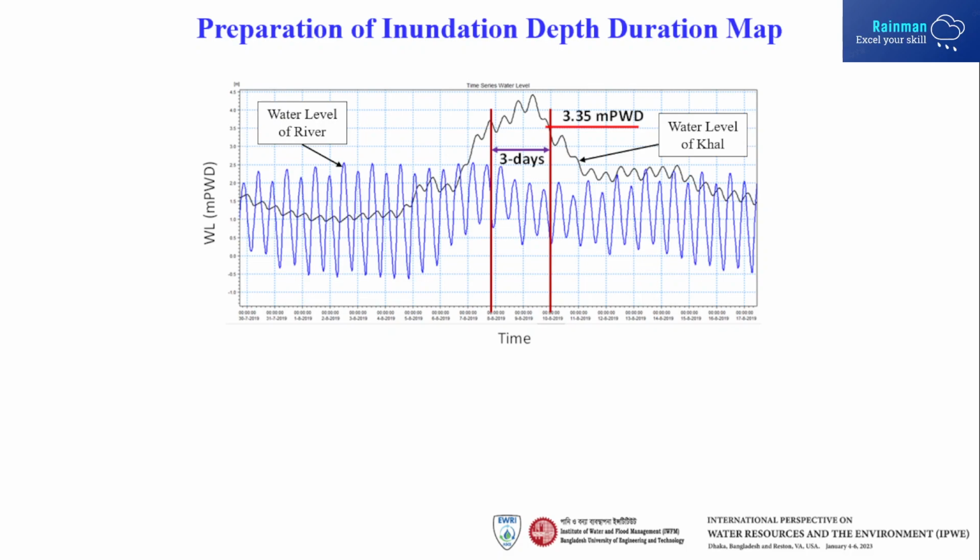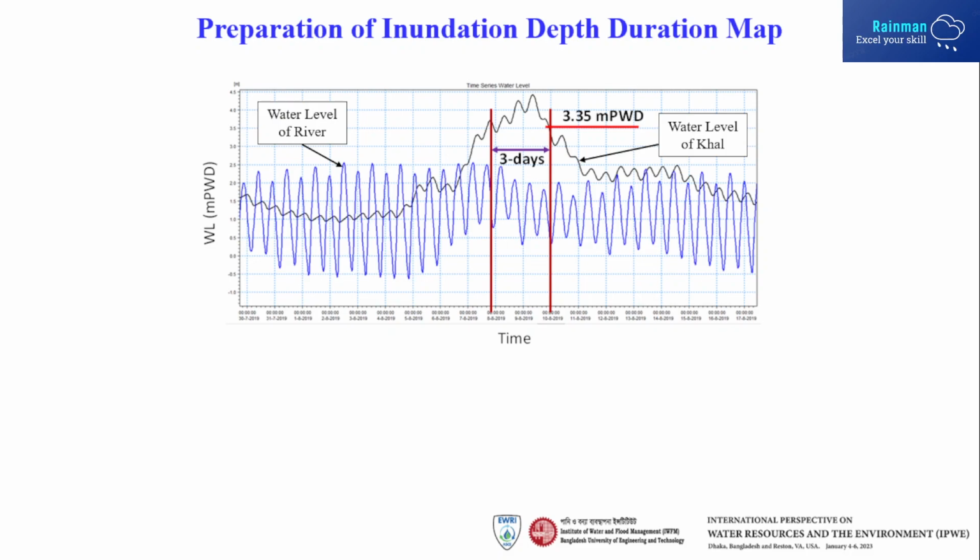In this graph, we can see that we simulated a drainage model for a long period, like the monsoon period, and then we find the minimum values in consecutive 3 days, and from those values we chose the maximum value. That means at least 3 days this water level is maintained in the khal.